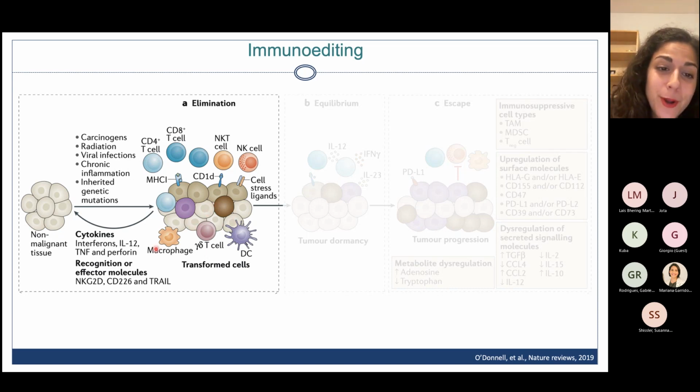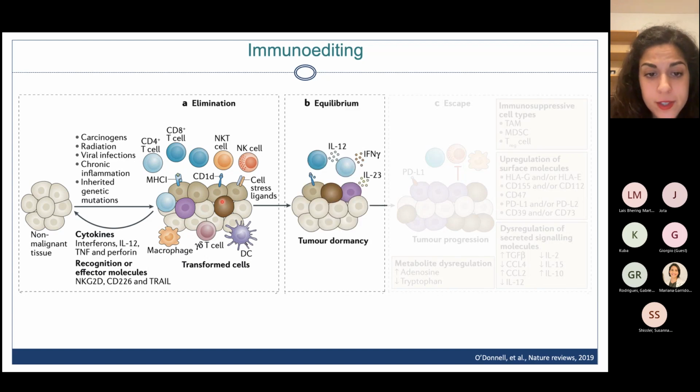But the problem is that sometimes the immune system is not effective towards all the cancer cells, and some cancer cells will escape and will not be eliminated by the immune system.